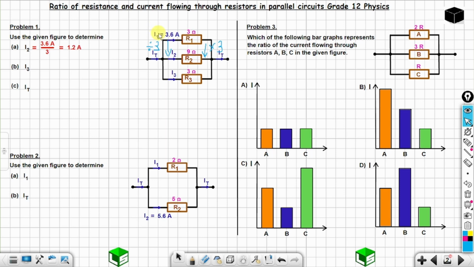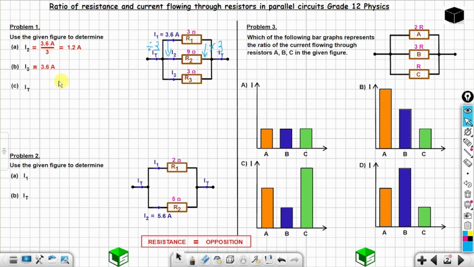So I1 is equal to I3. So I3 is equal to 3.6 amperes. Remember, resistance is the same as opposition. So as the opposition increases, the current decreases, from 3.6 to 1.2.